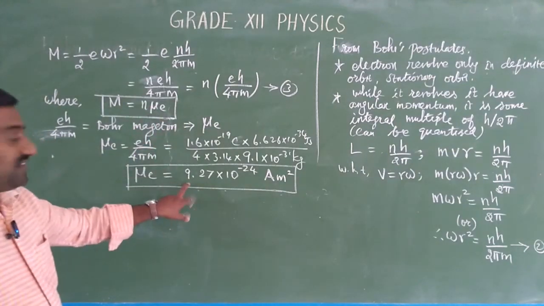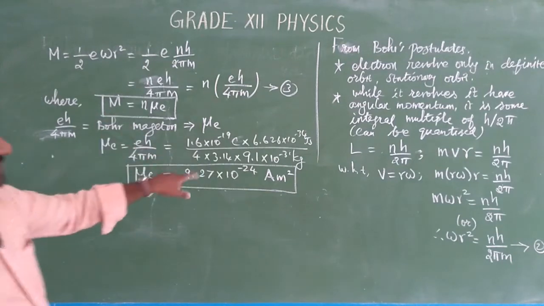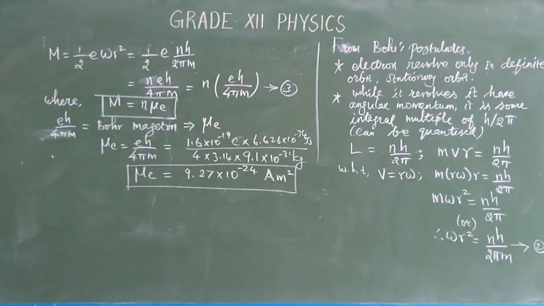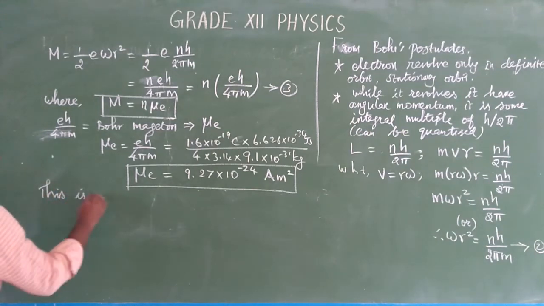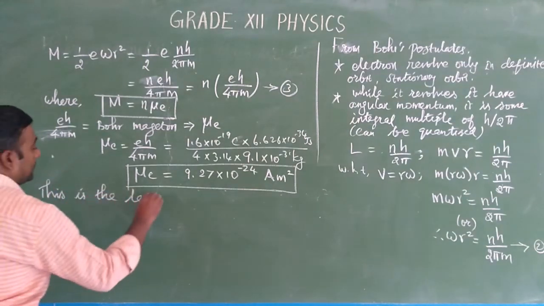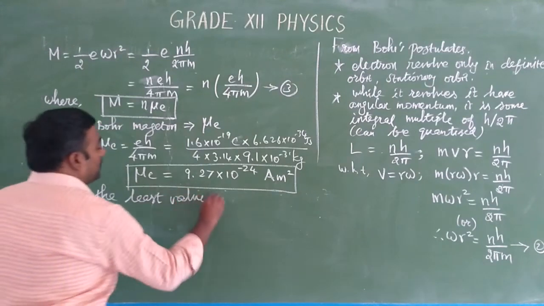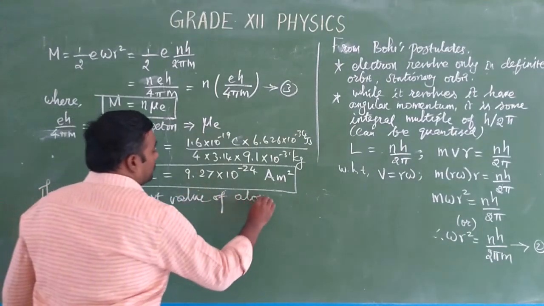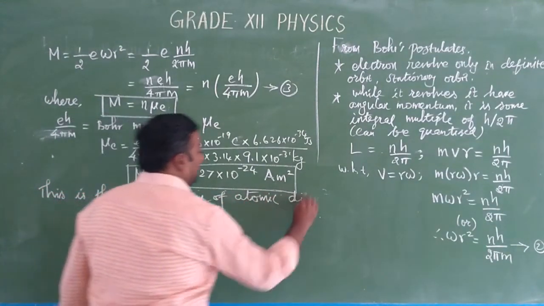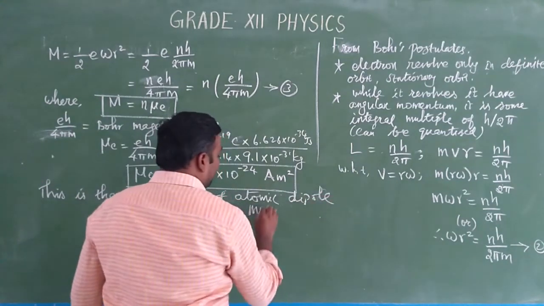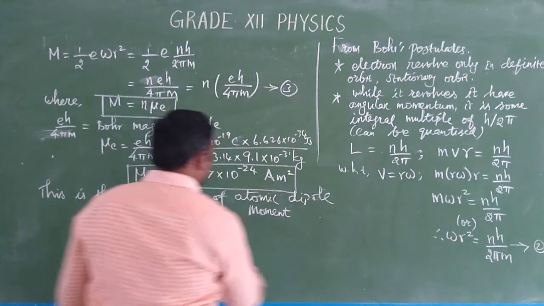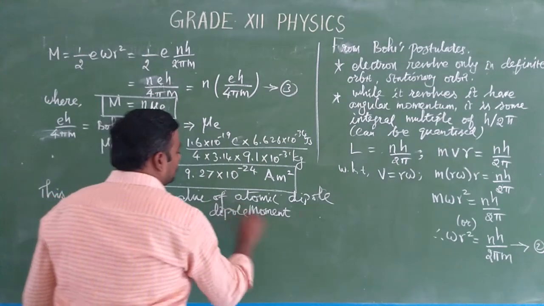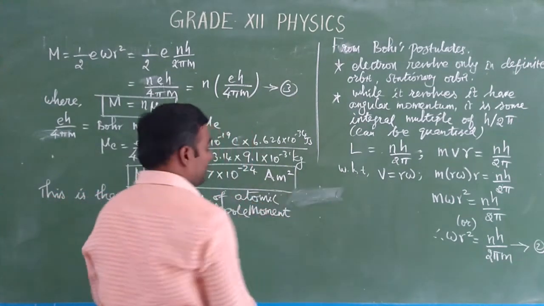So this value is the least value of atomic dipole moment.